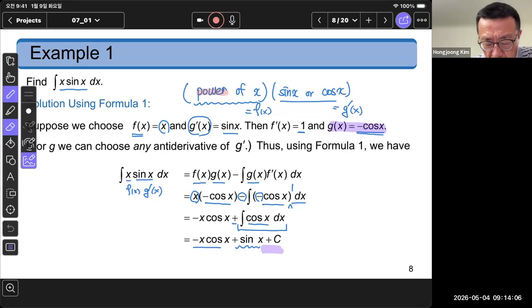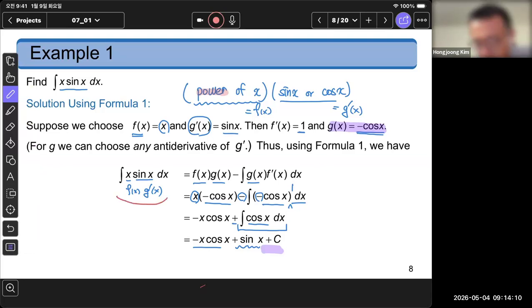Because we want to find this. What is the meaning of this? That means we want to find an antiderivative of x sine x.